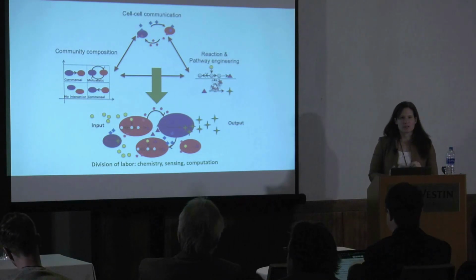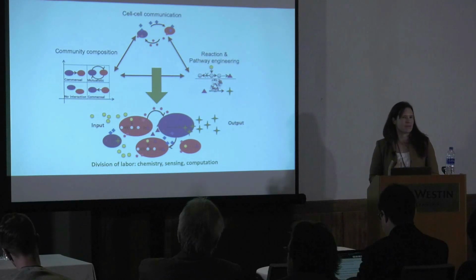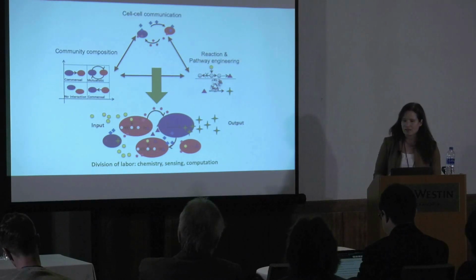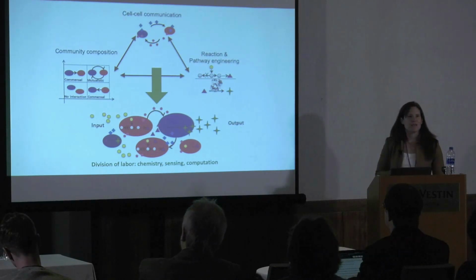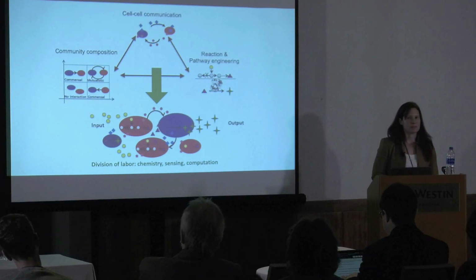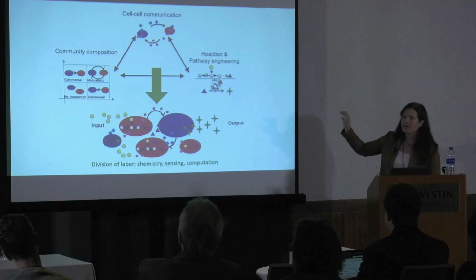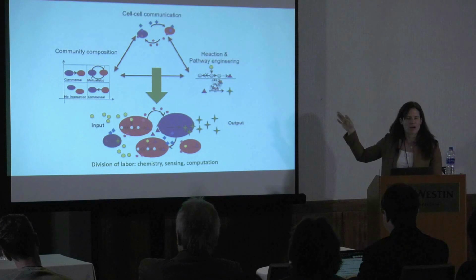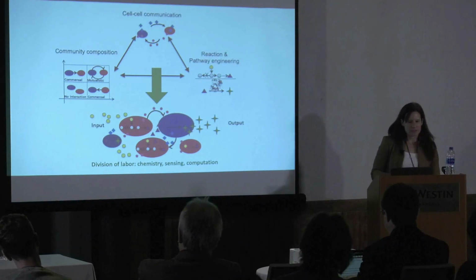How do I get the organisms to grow together when I want them to, with the dynamics or the stability that I'd like? How do I get them to coordinate their behavior? How do I get them to talk to each other so that they do what I want when I want them to, or have feedback mechanisms amongst each other? And then how do I think about dividing up functions amongst those community members?